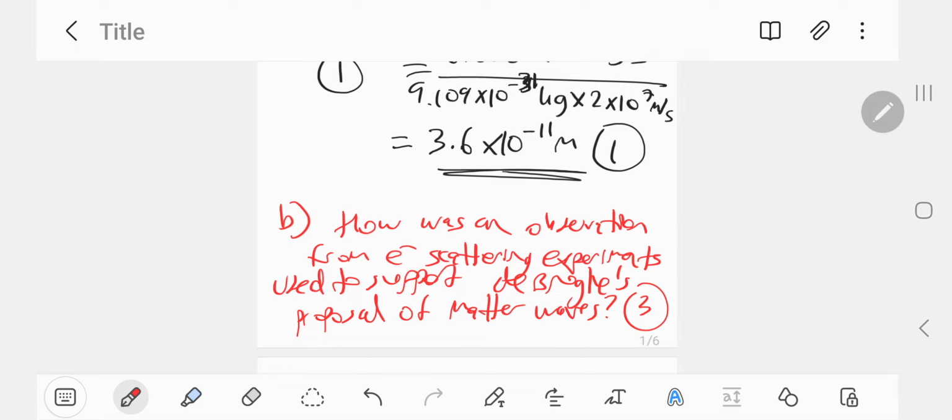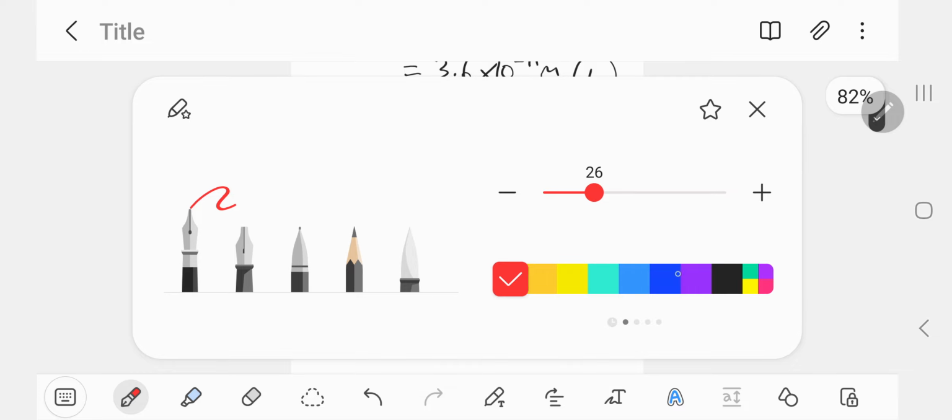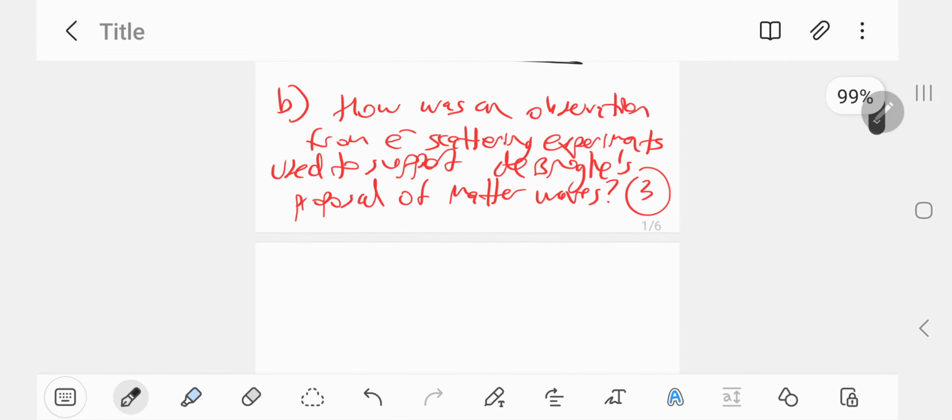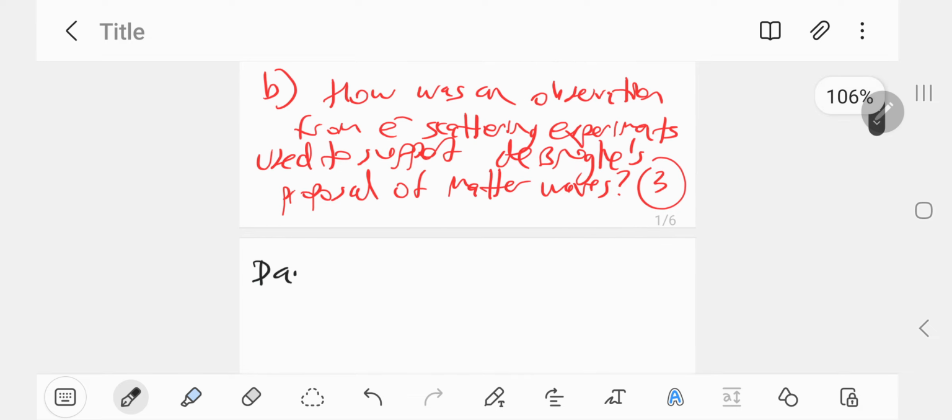That's 3 marks there. So we need to justify how observations from electron scattering experiments were used to support the theory put forward by de Broglie. Now, the common example is that of the Davisson and Germer experiment.